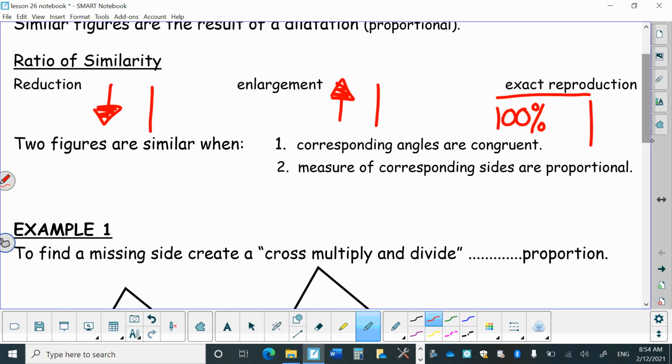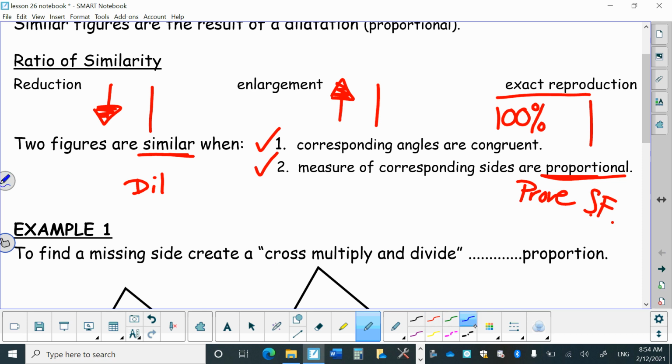So remember that in similar, compared to dilatation, we have 3 things. In similar, the corresponding angles are the exact same size, and also the corresponding sides are proportional. And to prove this, we just do scale factor. Now, if it was a dilatation, we had one more thing here.